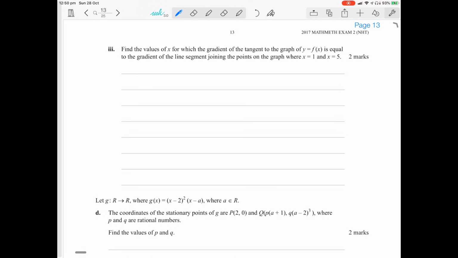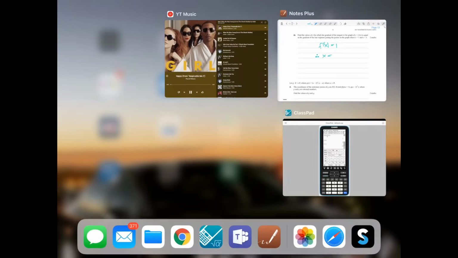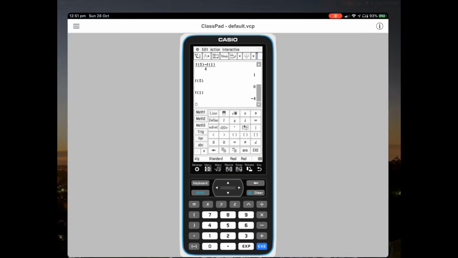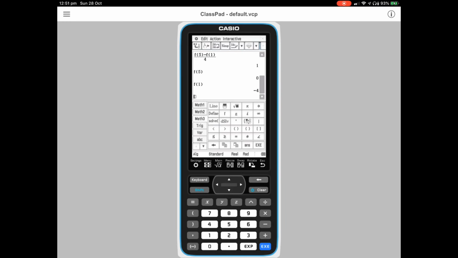Find the values of x for which the gradient of the tangent to the graph of f of x is equal to the gradient of the line segment where x equals 1. So, f dash of x equals 1. Therefore, x equals d dx f of x equals 1.